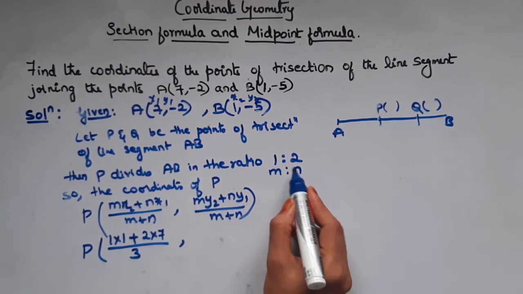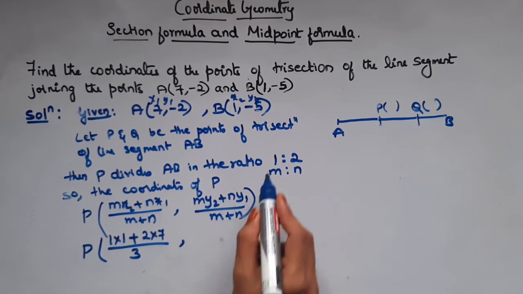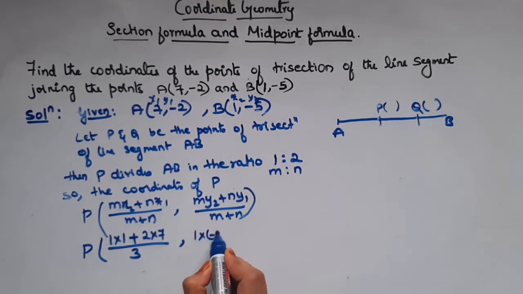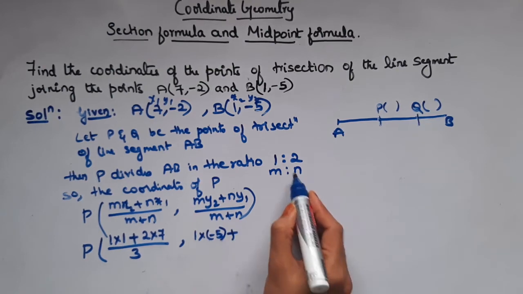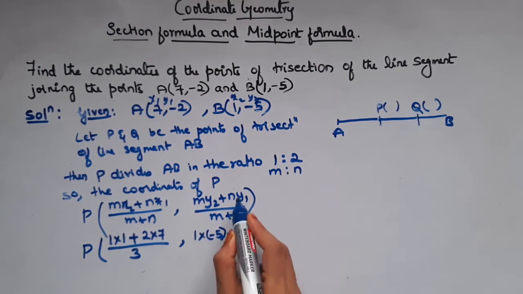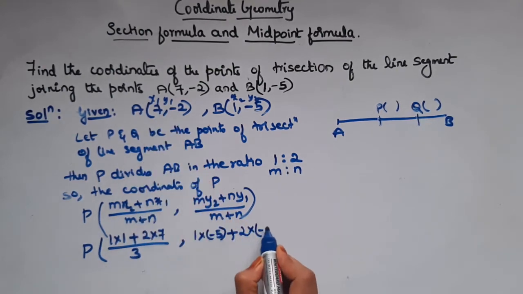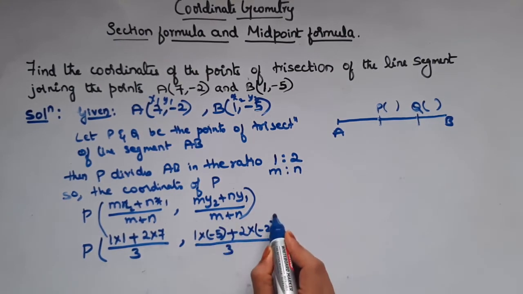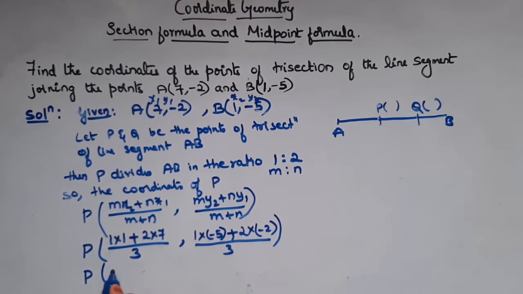Similarly m is 1 into y2 is minus 5 plus n here is 2 into y1 here is minus 2. Divide by m plus n is 1 plus 2, that is 3. So let's simplify this. We have P of 1 into 1 is 1, 1 plus 7 2s are 14 by 3.